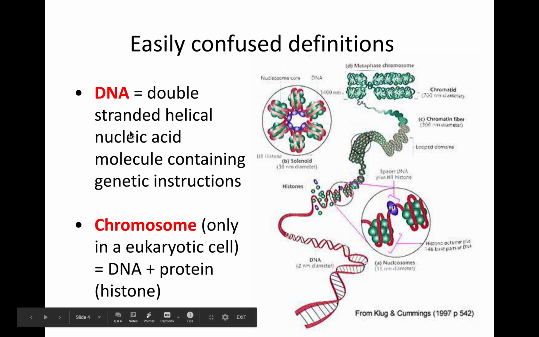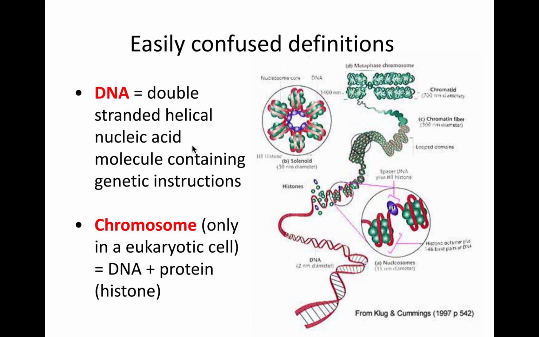It's made of nucleotides, which when all put together, we call a nucleic acid. Remember, there are 2 nucleic acids we've talked about, DNA and RNA, hence the NA for nucleic acid. And it contains our genetic instructions, what proteins are going to be made.